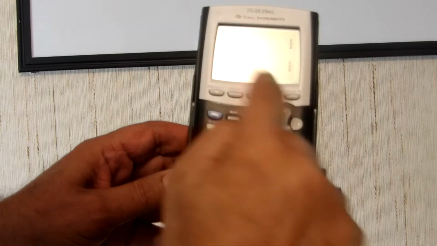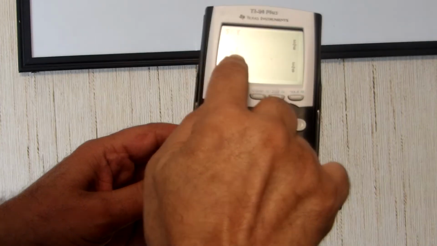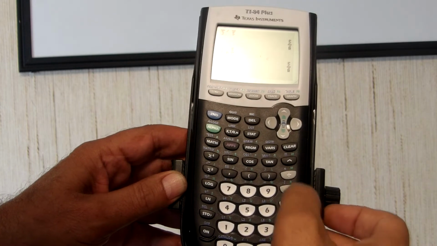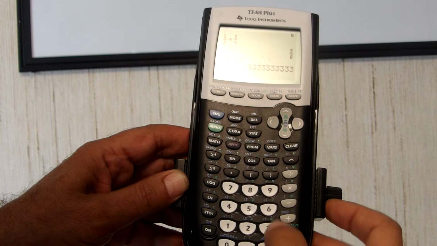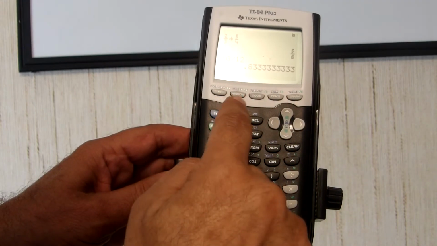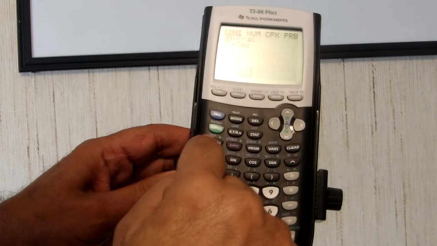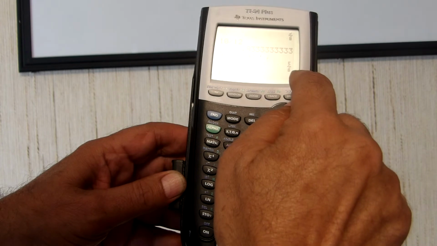Actually, it's going to be 2 times 5 is 10, divided by 3 times 4, 12. I know you want to change it to a fraction. Math, fraction, and then you get 5 over 6.